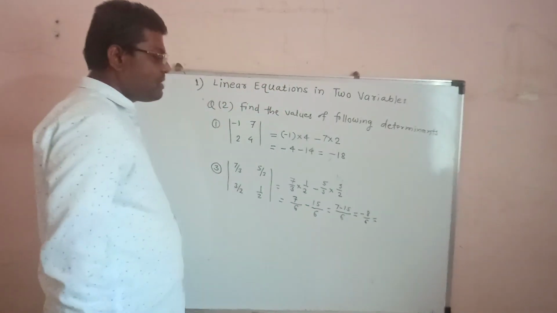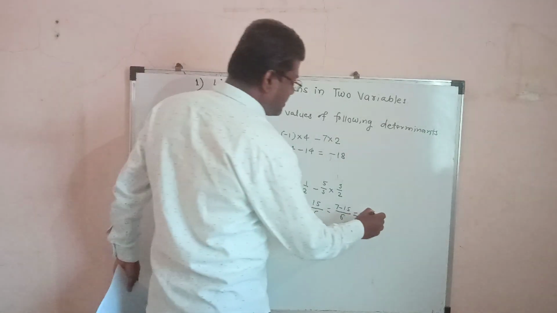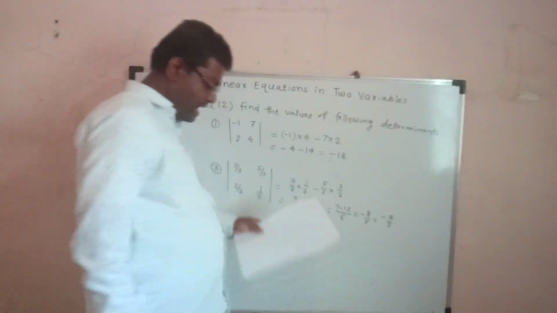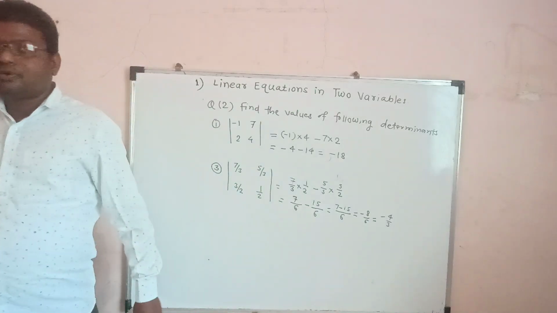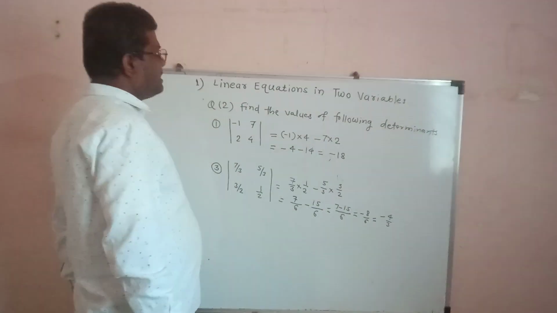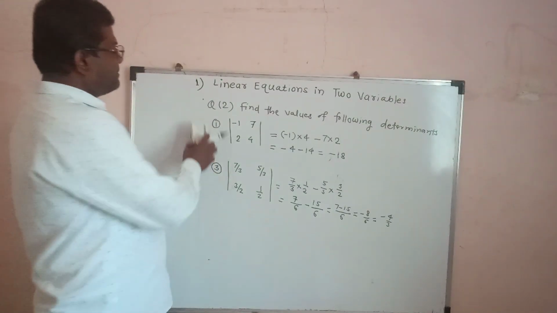Simplifying this, divide numerator and denominator by 2. Therefore we get -4 upon 3. So the value of this determinant is -4 upon 3. In this way, we can solve any determinant of degree 2.